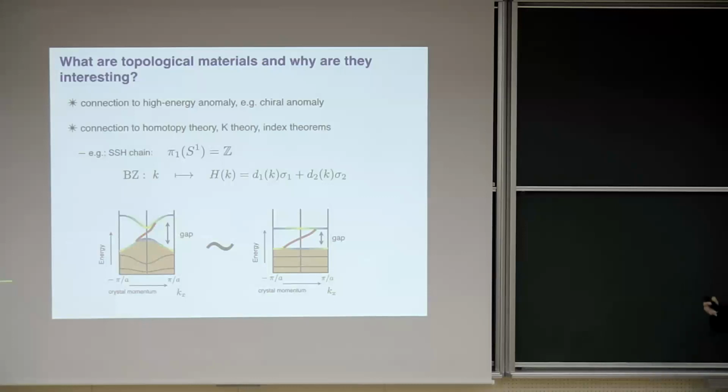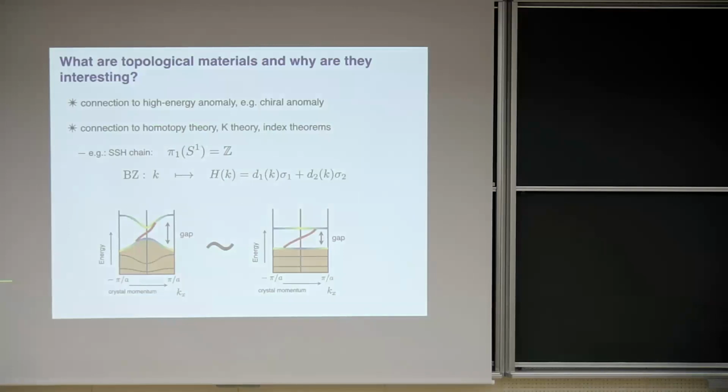They can be viewed as a group, and then they can be related to these K groups from K theory, or they can be related also to homotopy theory. The simplest example where this works would be the SSH chain, which is a 1D system defined like this. In 1D, the Brillouin zone is just a circle, and the Hamiltonian can also be viewed as a circle defined by these two vectors, D1 and D2.